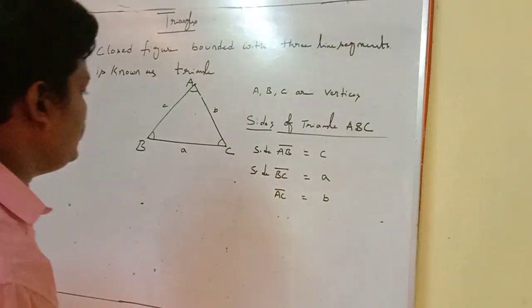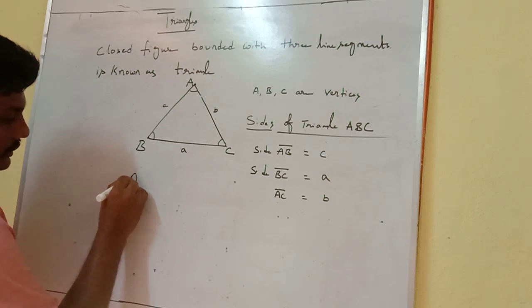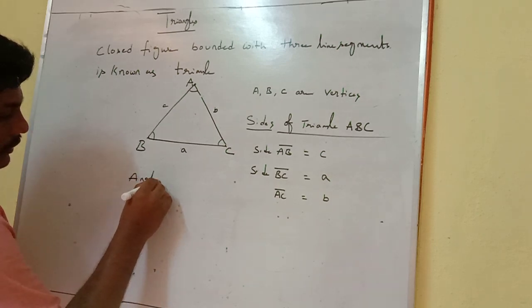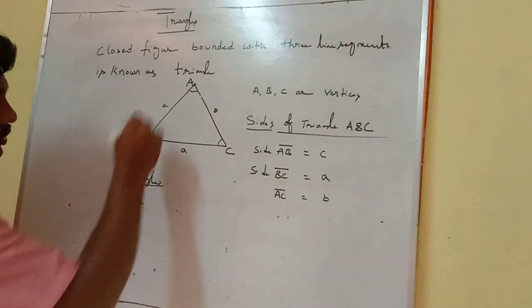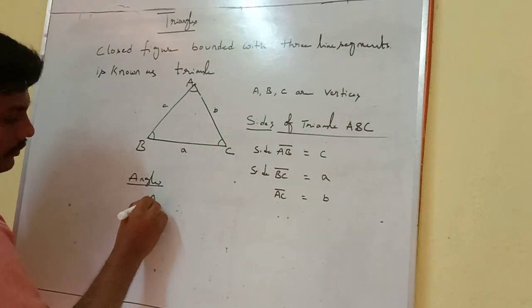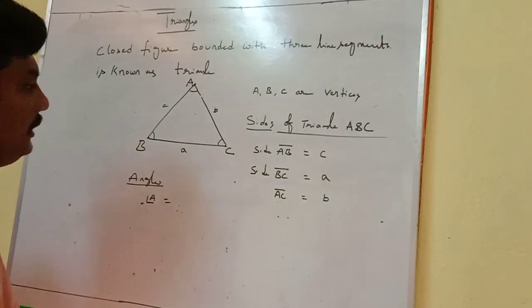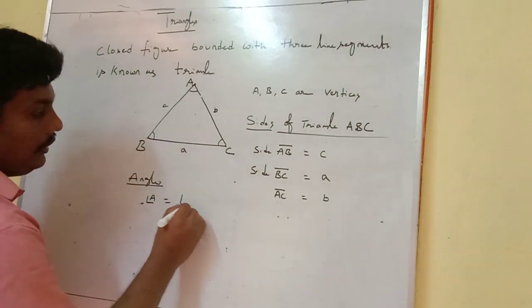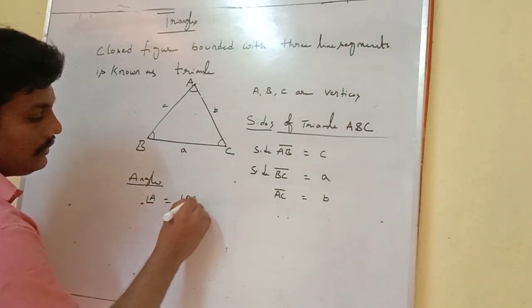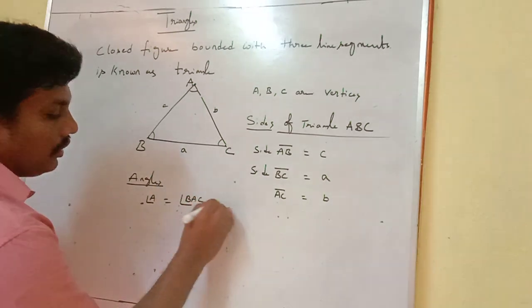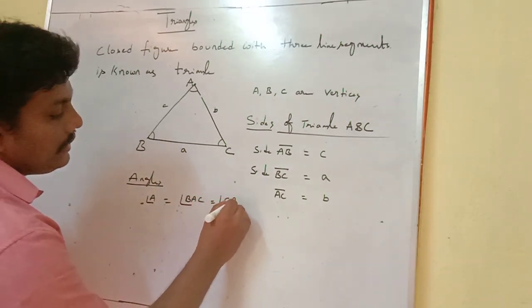Now coming to the angles. You can see angle A. Angle A can be represented as angle BAC or angle CAB.